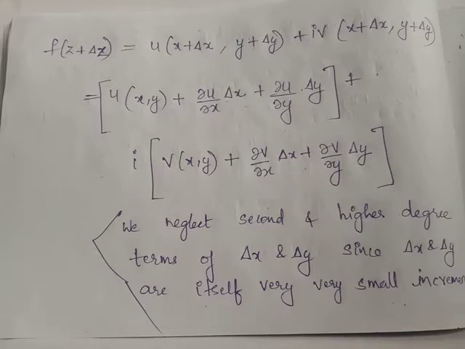Similarly, when we apply Taylor's theorem for functions of two variables to the function v of x plus delta x comma y plus delta y, we have v of xy plus dou v by dou x delta x plus dou v by dou y delta y. That is, to evaluate f of z plus delta z, we applied Taylor's theorem on two variables to both the functions u and v separately. Now we can group the terms.